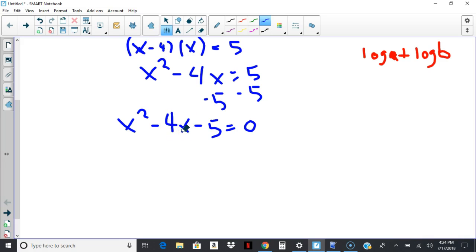Okay, so quadratic. We've solved quadratics before. Hopefully no big deal. This one we could do through factoring. So two numbers that multiply to negative 5 and add to negative 4. So we need to have a positive 1 and a negative 5.